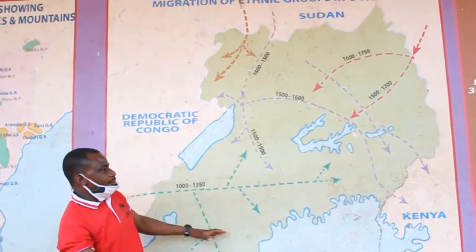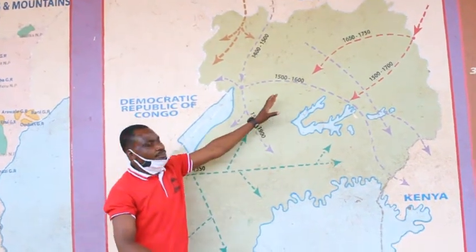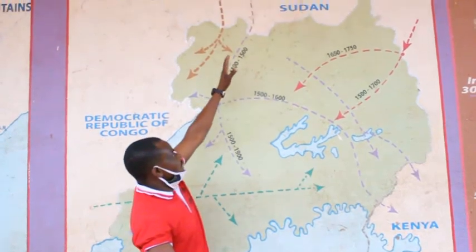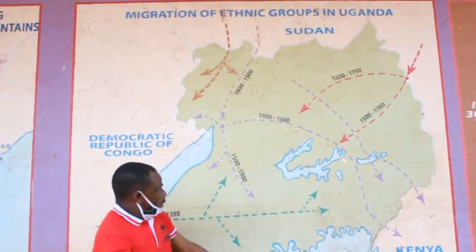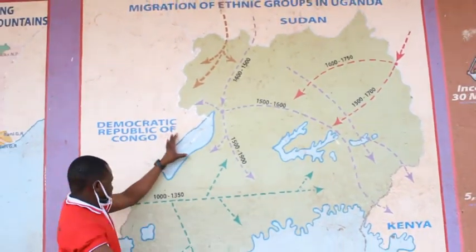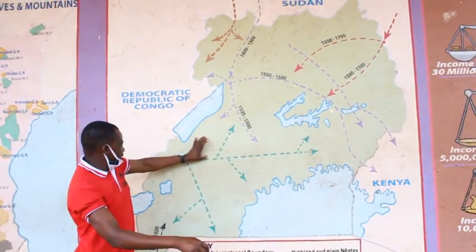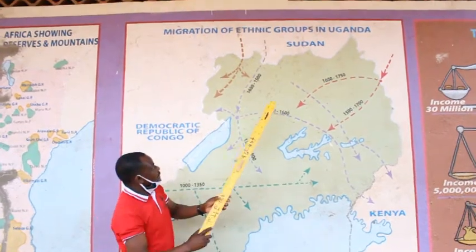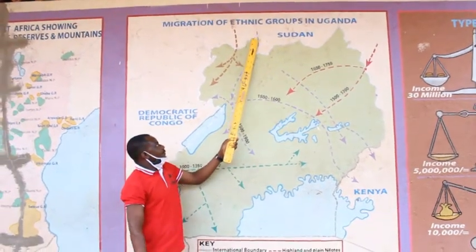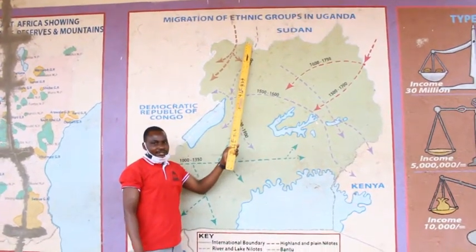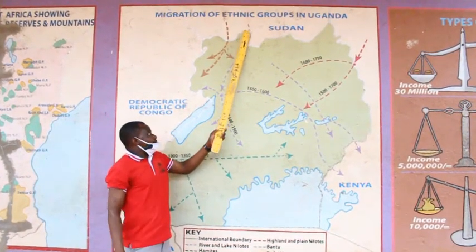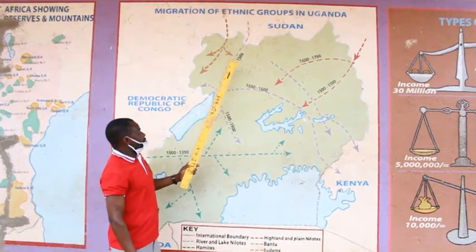But before I introduce the Bantu, we can also look at this sketch map of Uganda. If you look at this sketch map of Uganda showing the ethnic groups, in the western direction we had the Bantu ethnic group. If you look at the northern part of Uganda, we had the River Lake Nilotes, or the Nilotics.